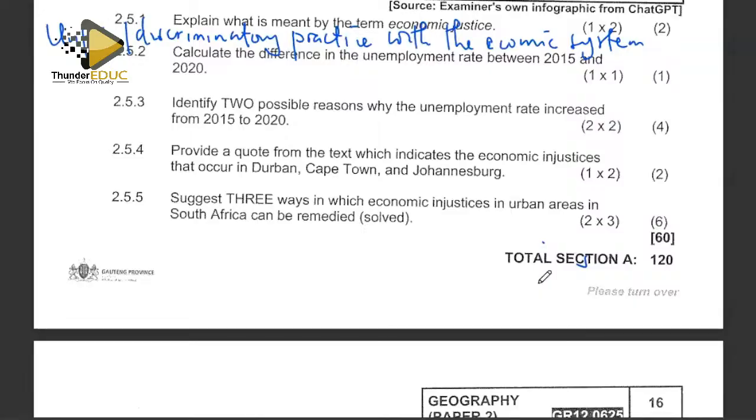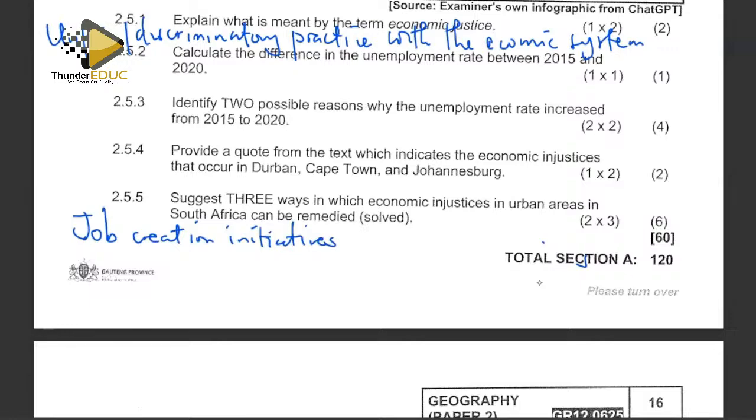So we look at aspects like job creation initiatives. The government must engage in job creation initiatives.